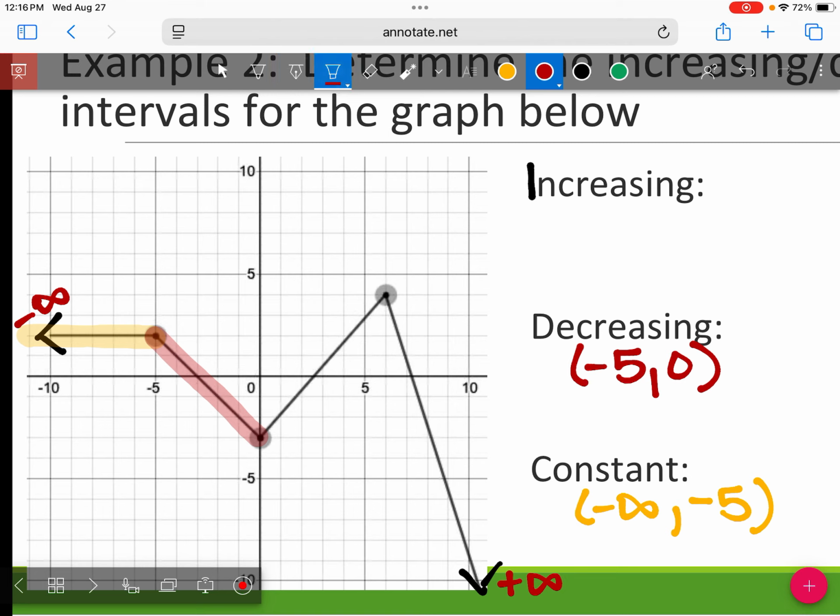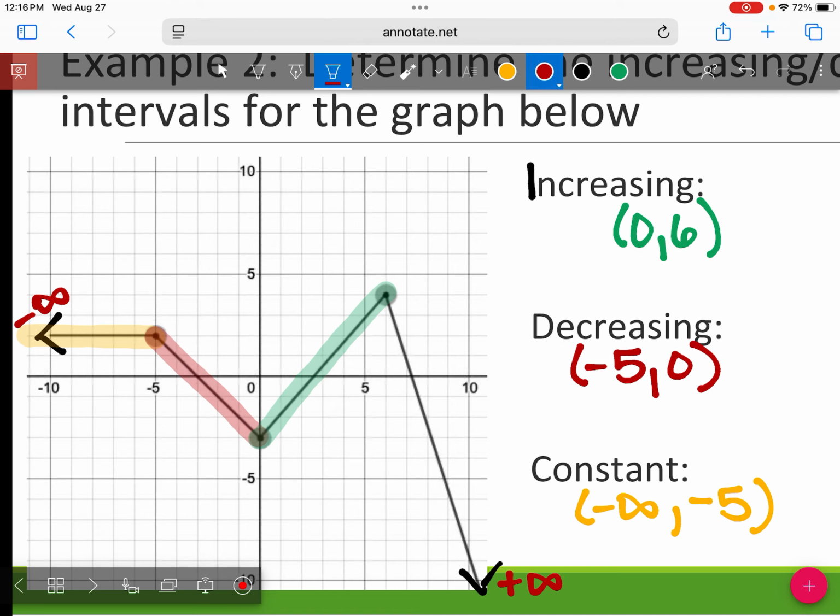Then starting at the 0, from 0 until the top of the hill, what is the x value at the top of this hill? 6. So from 0 to 6, it increased.